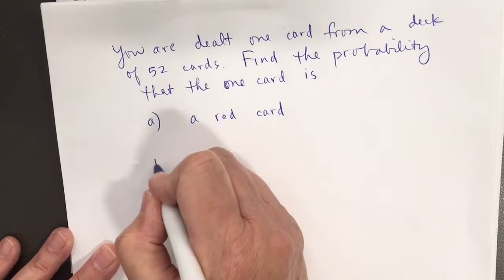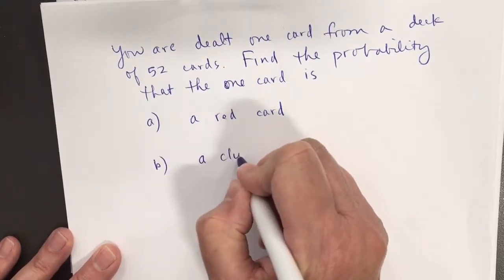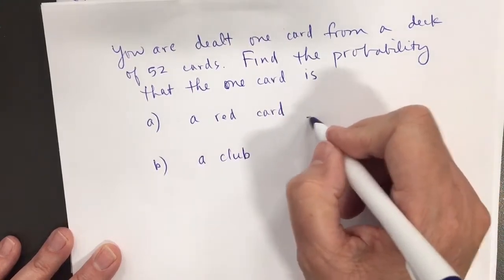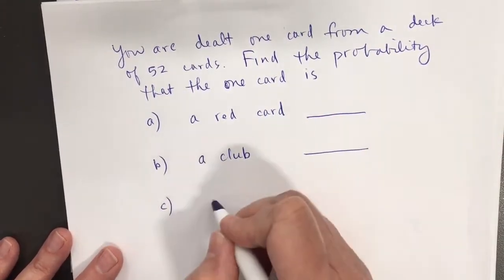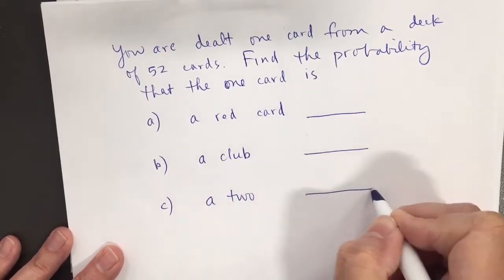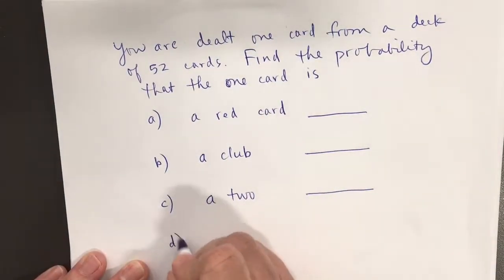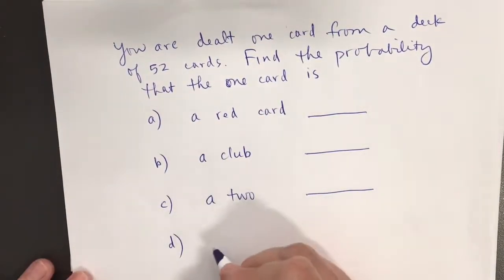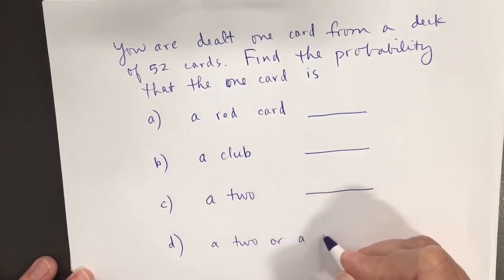Part B, a club. Part C, a 2. Part D, a 2 or a 3.